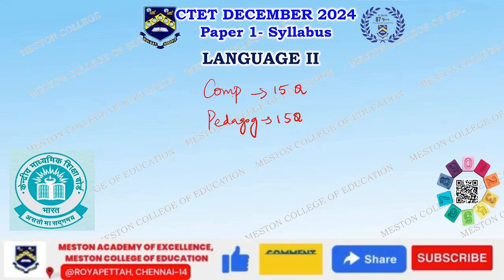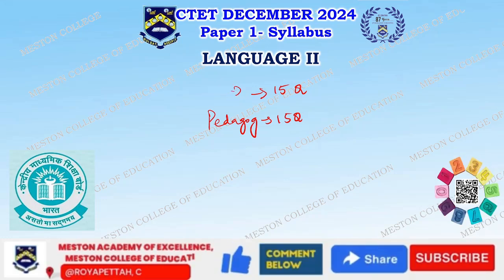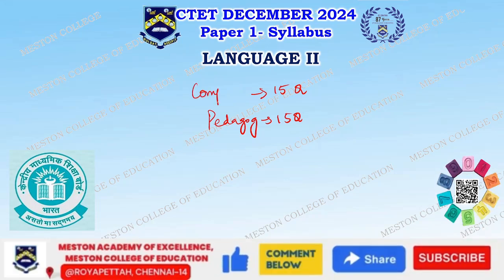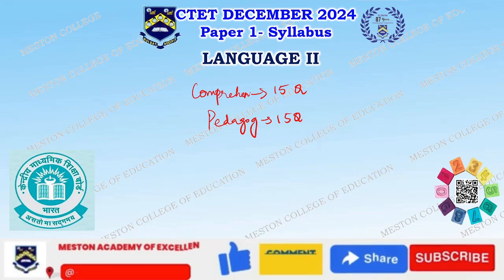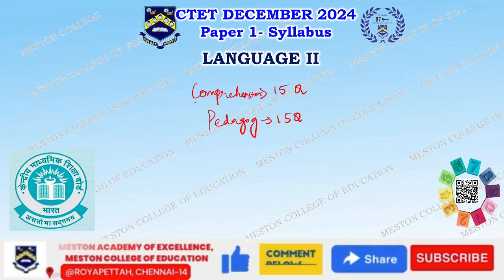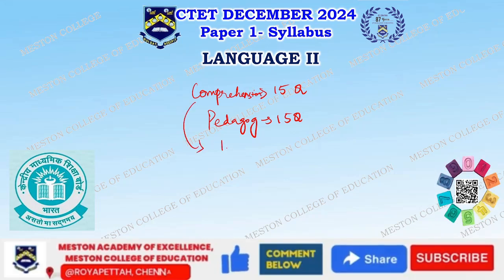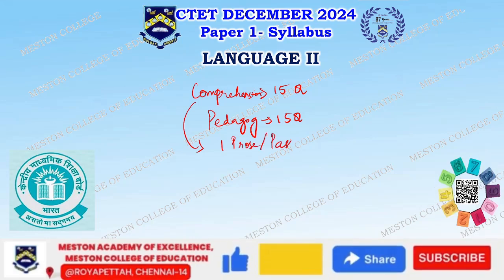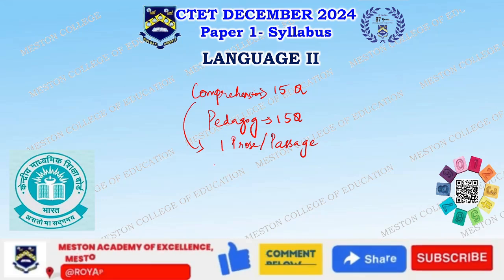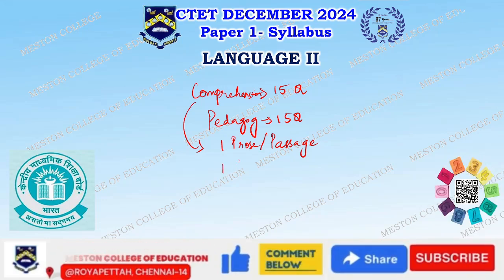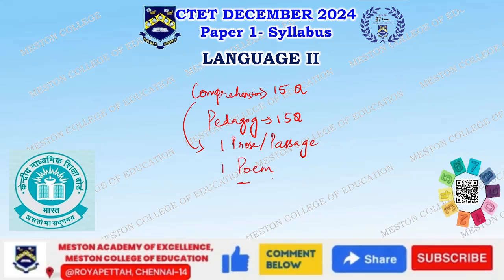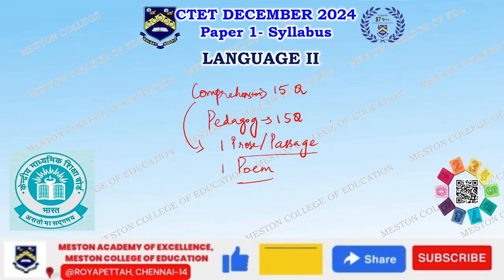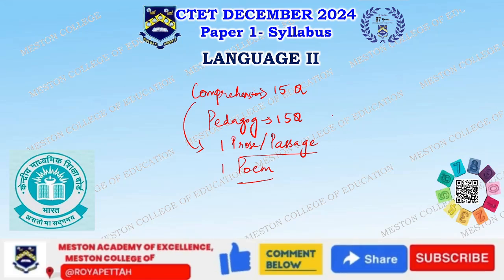So under comprehension, you will have one prose or passage, and then you will have one poem. Okay, so remember this is there for both language 1 and 2. So whichever you may choose, as per that language, it will be there.